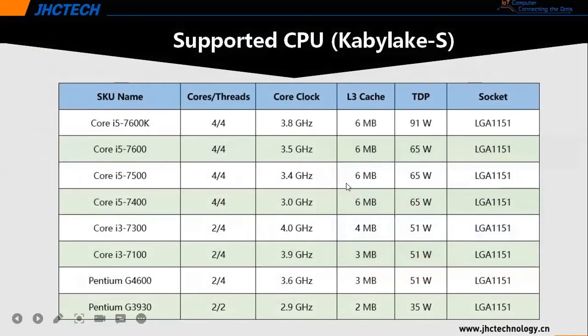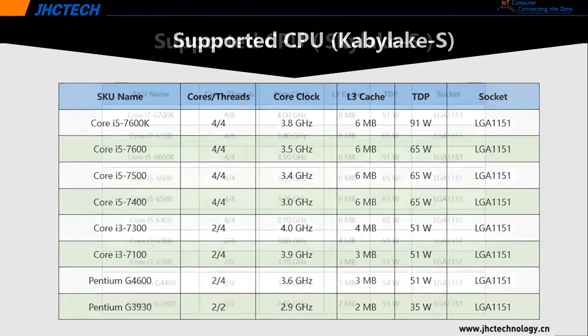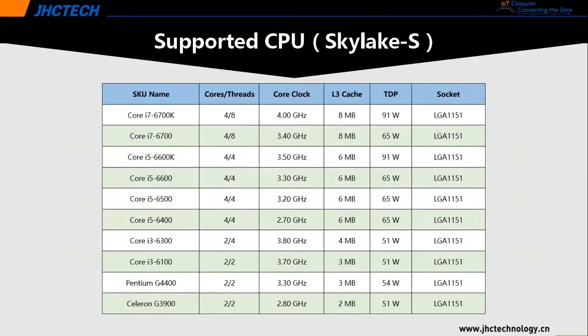And the next is a list of supplement to the previous one. The performance like cores or threads or core clock, many choices of Skylake S or Kabylake S processor for you.